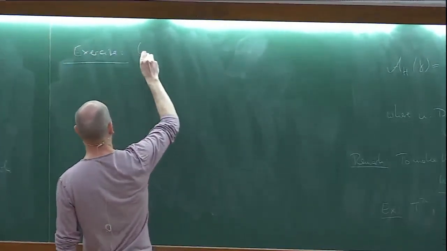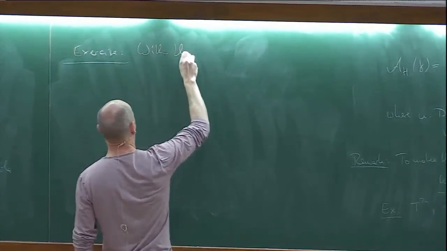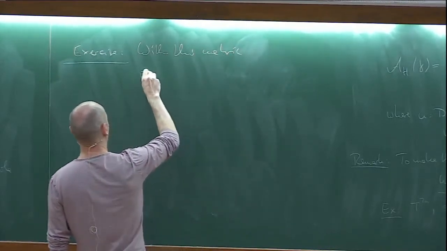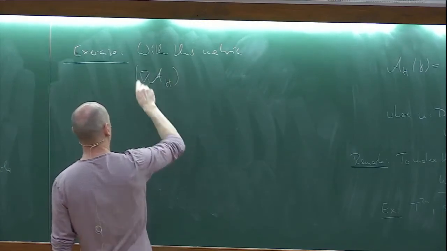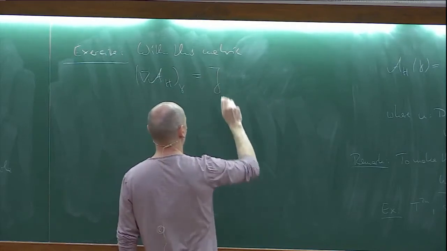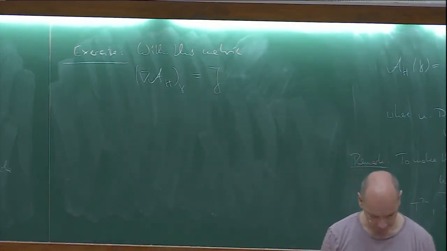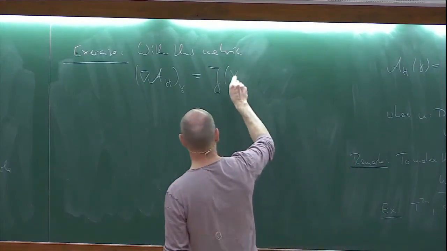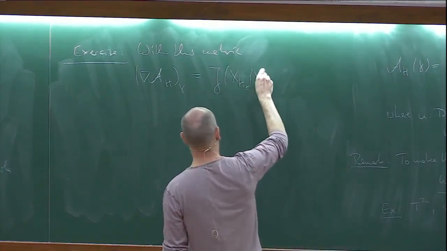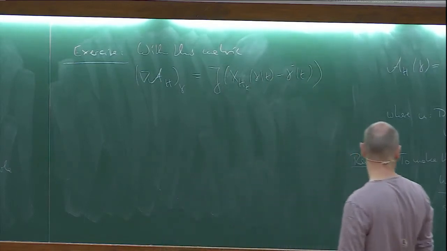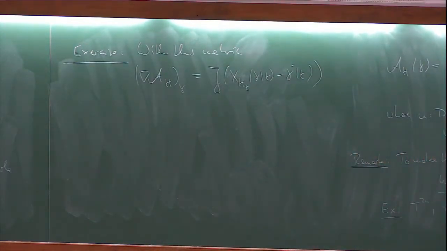So with this metric, the gradient of AH at some loop gamma is given by J. Well, let me just get my sentence straight. Right, so it's basically J of this term.